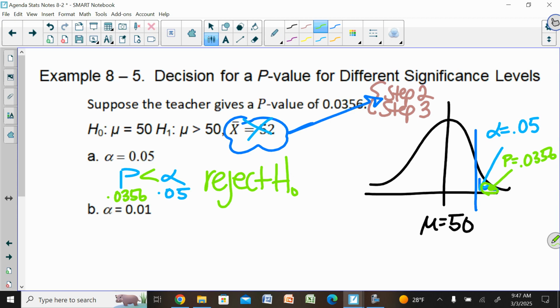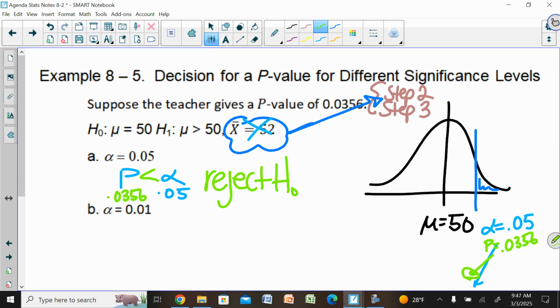What if I change my alpha, for example B, to 0.01? Now, when I draw my p-value of 0.0356, I'll jot this down. P is 0.0356. Alpha is 0.01, so I want to be 99% confident.